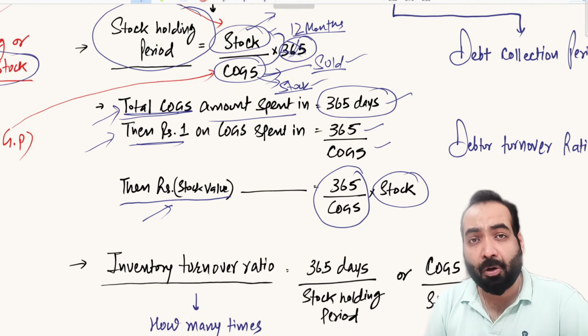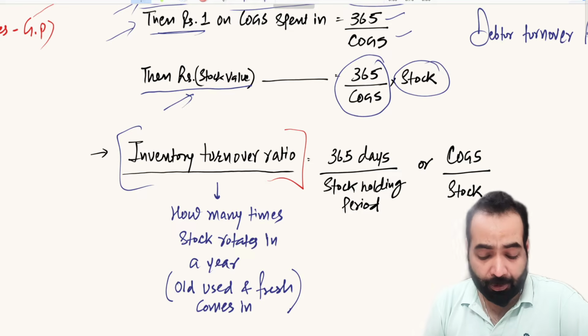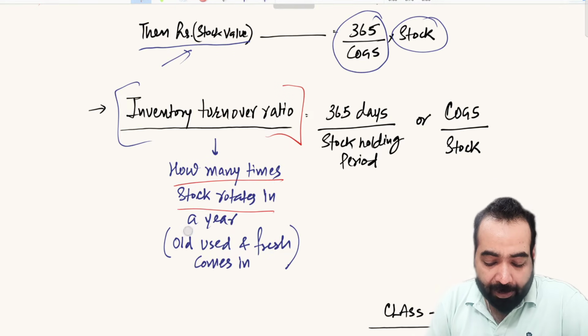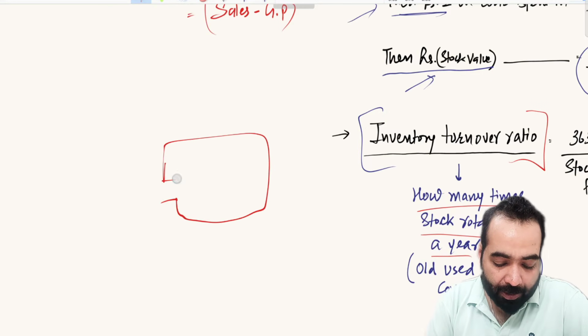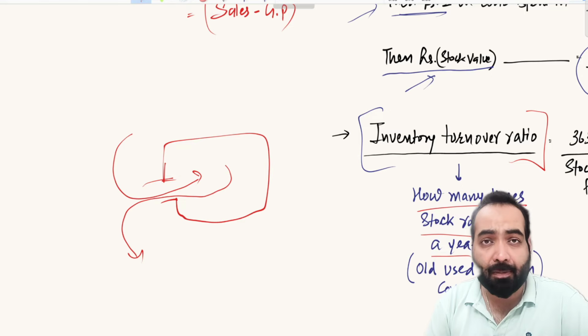Now sometimes we also use the term inventory turnover ratio, or stock turnover ratio. We want to know how many times the stock rotates in a year. Suppose this is a godown, this is the gate of the godown. Fresh stock comes in, it gets sold and clears out, taken by the customers.